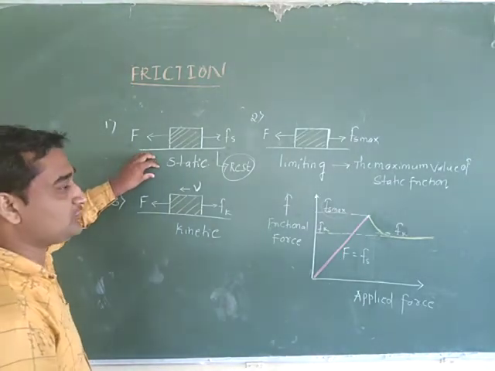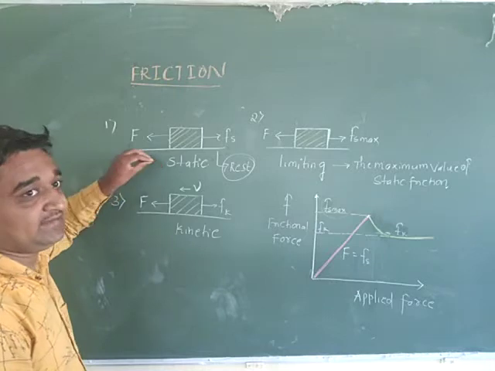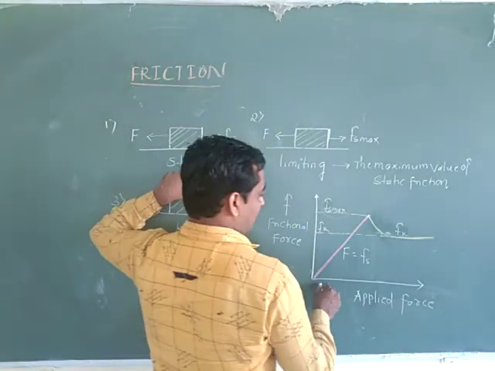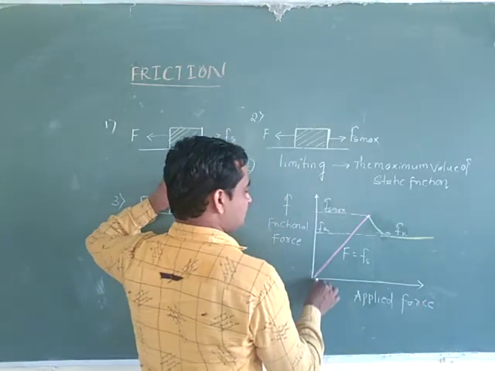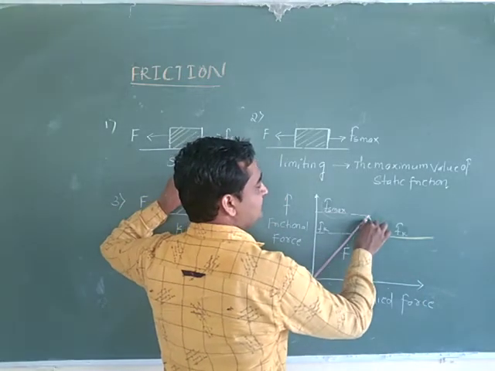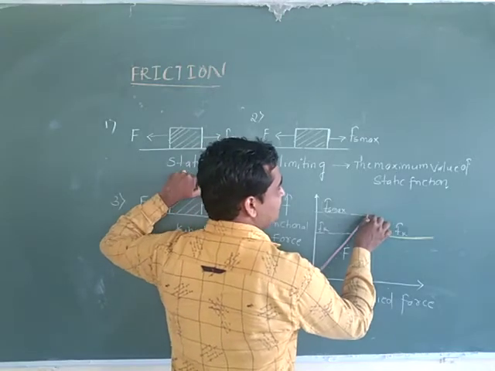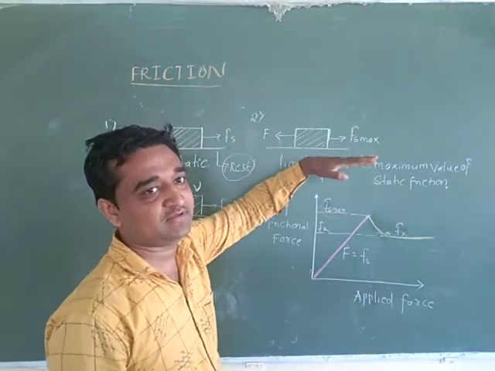The friction between the two bodies when they are in contact and at rest is called static friction. As the applied force increases, the static friction also increases, and at a certain point the maximum value of static friction is called the limiting friction, right?